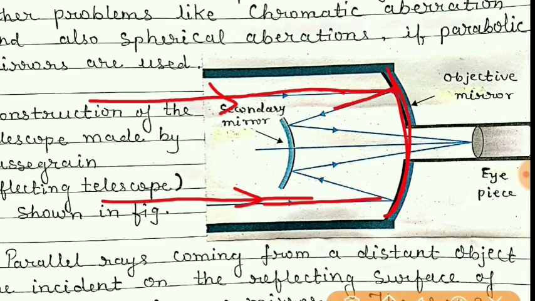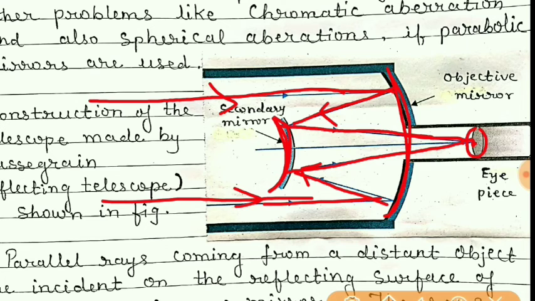So they get reflected and they fall on this secondary mirror, which is a convex mirror, and once again these rays are reflected and they are focused at this point where there is an eyepiece.